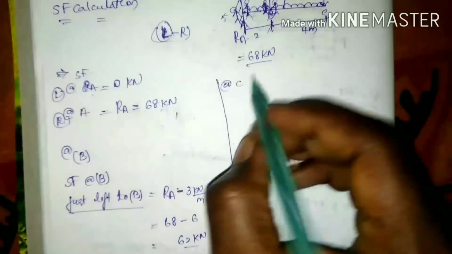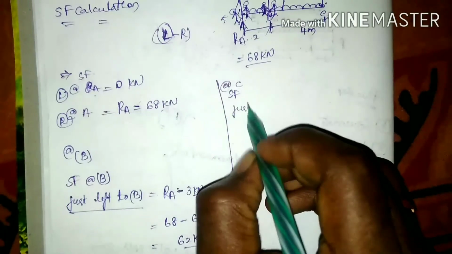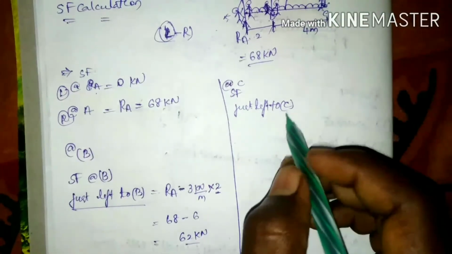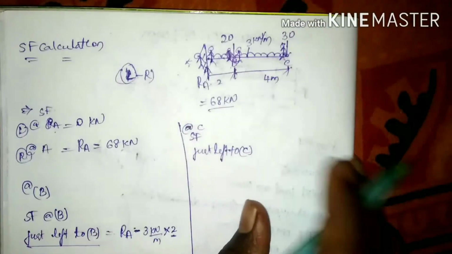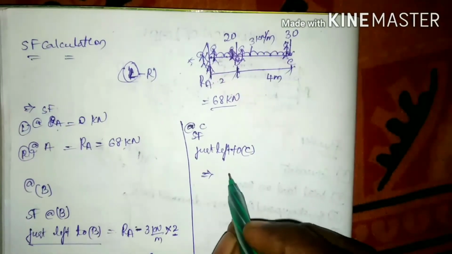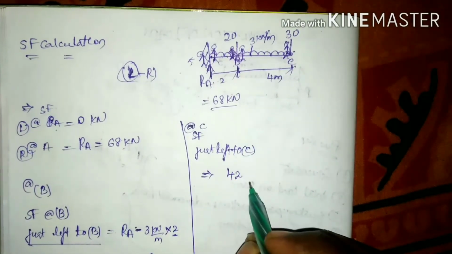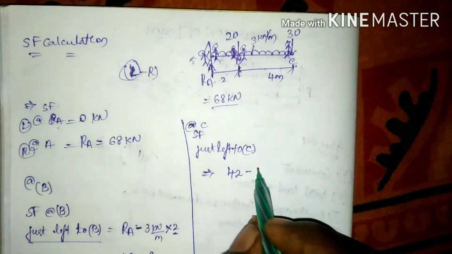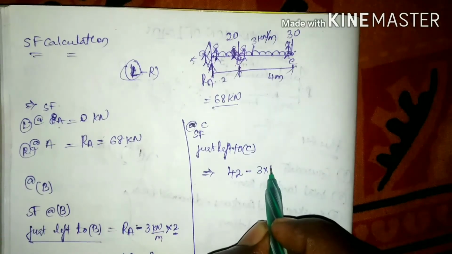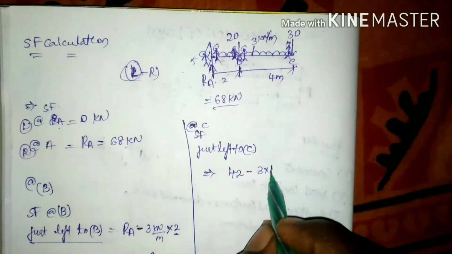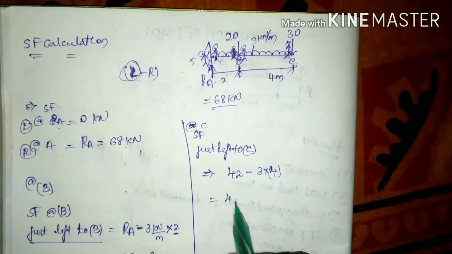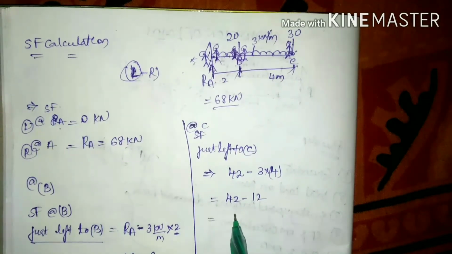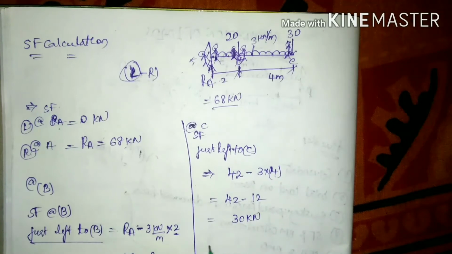Shear force at C, just left of C, up to here, only up to the left of C, not including the point load. So I am going to continue with the 42 minus 3 into, up to here, that is 4. 42 minus 12, that is 30 kilonewtons.